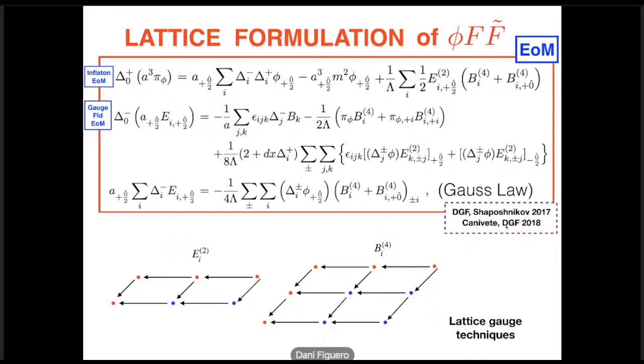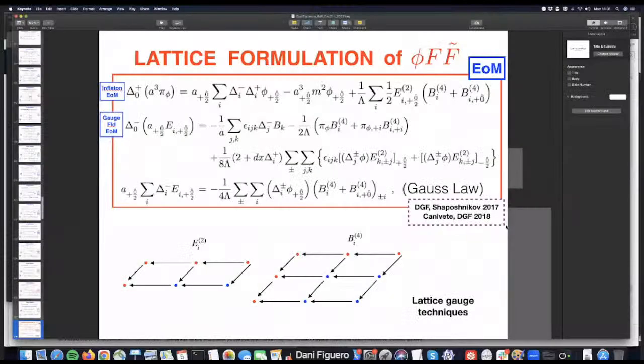Excuse me, can I ask a question? Yes, please. The question is, this tachyonic instability, does it happen at the preheating stage? No, I'm talking about inflation. So during inflation, you have a tachyonic instability of one chirality of the gauge field. That's correct. So does this lead to huge non-Gaussianity?